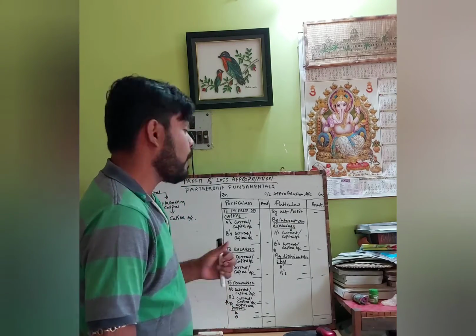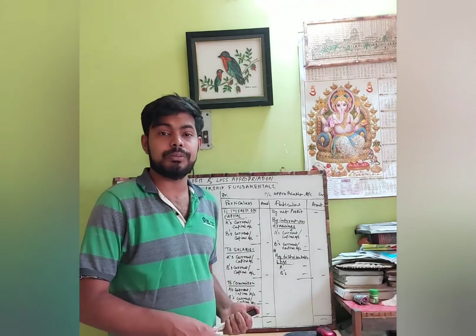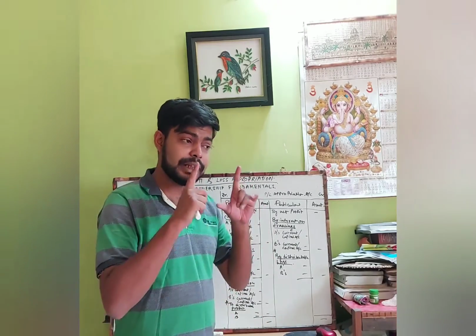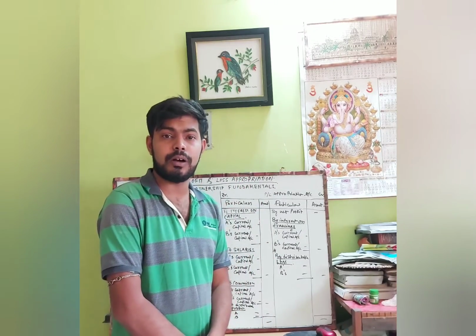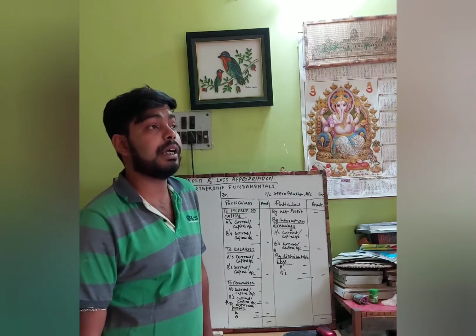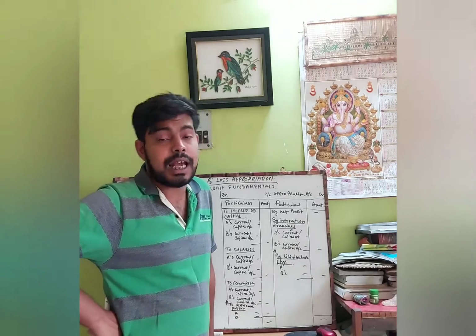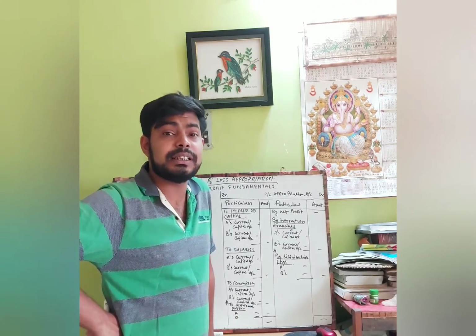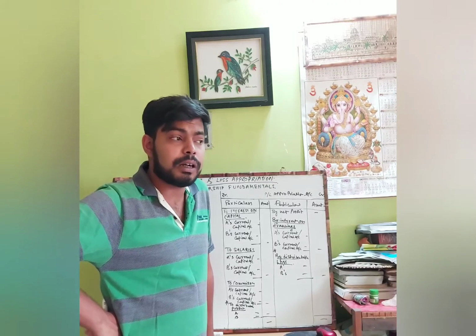What type of expense and what type of income will be recorded in the P&L appropriation account? See, when making the trading account, that is also a nominal account, we record all kinds of direct expenses and direct income. Like sales, it is recorded in the trading account because it is a direct income of any business organization.